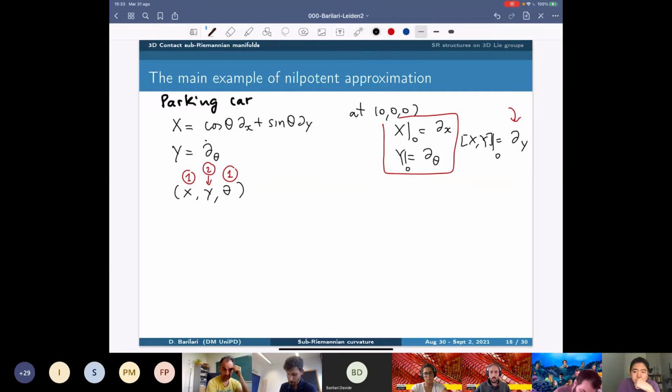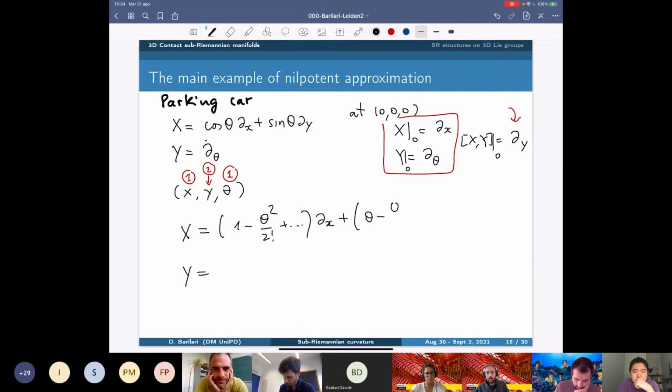Okay, so when you do a kind of Taylor expansion of this, what do you have? You have this. And here, of course, you have nothing. And then you take the lower order homogeneous part, with respect to this weighting here.